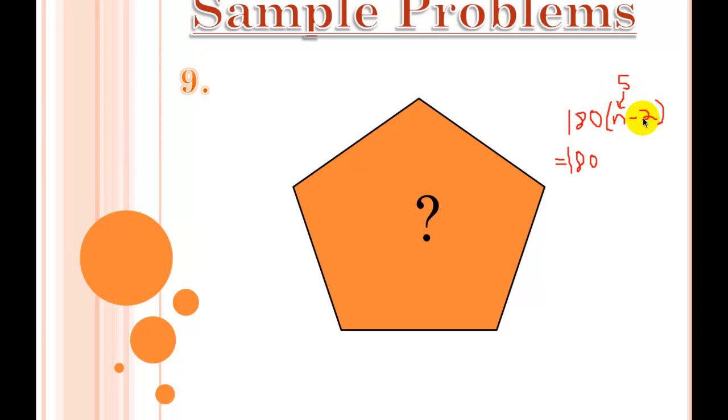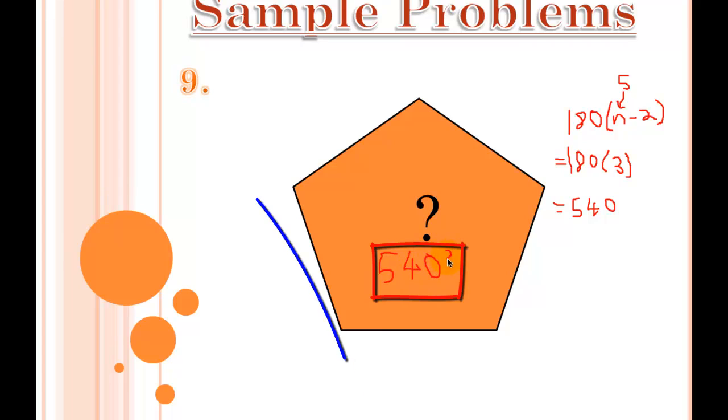So 5 minus 2 would be 3. So 180 times 3, which equals 540. So the final result of this question, which is the sum of all the interior angles in this shape, would equal 540 degrees.